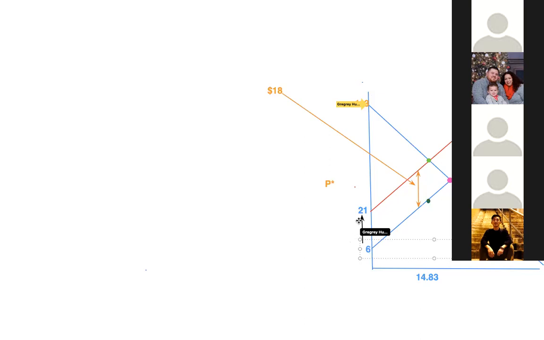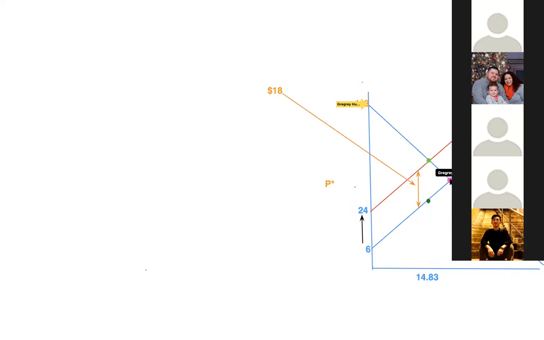Okay, it's 6. And so the shifted supply curve should have an intercept of what? Of 18. Wait, should it? 24. Yeah, 24, because it's 6 plus 18, right? So now you have your diagram.